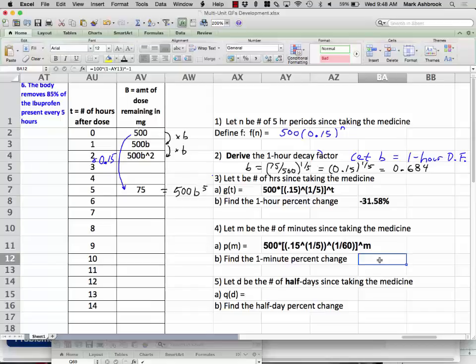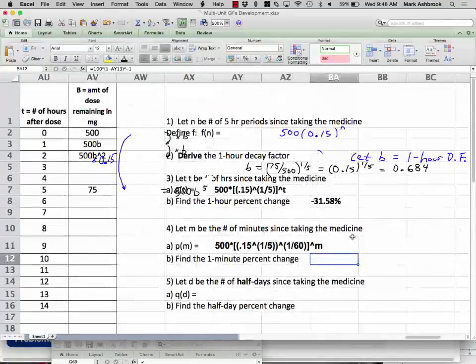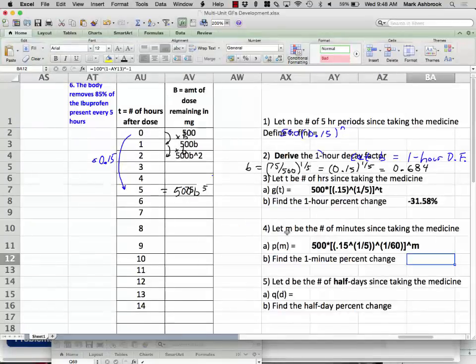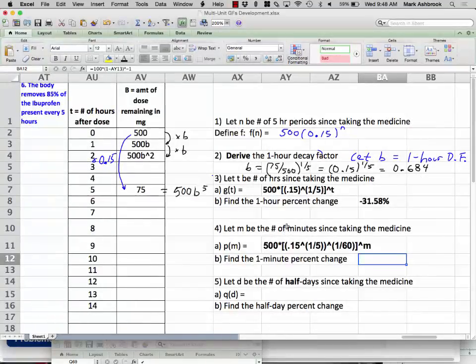Anyone got the 1 minute percent change? I'm hearing negative 0.63%. Yep. Now that's percent. Why?